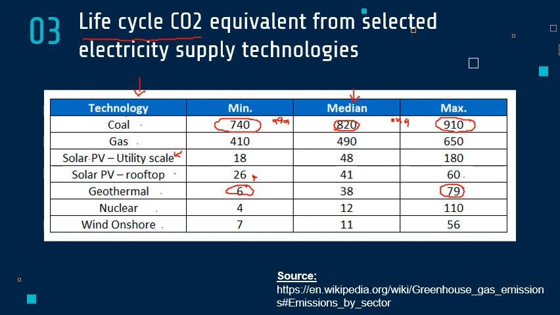Yeah, so the most efficient solar PV or rooftop technology produces 26, whereas the most efficient geothermal technology, which produces the least CO2, is 6. However, the most inefficient one produces 79, whereas the most inefficient solar PV rooftop produces 60.